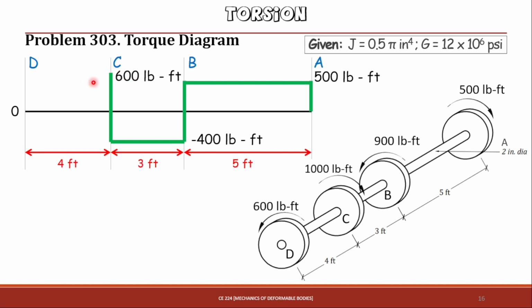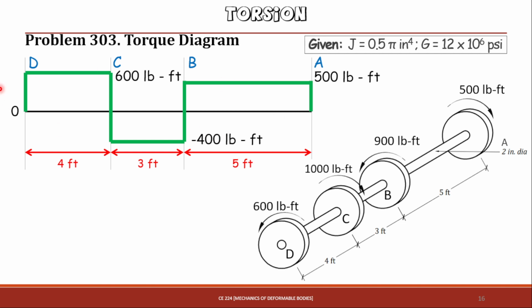And from C to D, walang naidagdag na torque, so idediretso lang natin. And then dito sa D, meron tayong counterclockwise na 600 pound-foot. Counterclockwise is negative, so from 600 pound-foot, negative 600 pound-foot, babalik tayo sa 0. Okay? So, in making this diagram, dapat babalik at babalik tayo sa 0 torque. Dahil kung hindi, walang equilibrium sa ating system. So, dapat merong equilibrium lagi sa ating system.